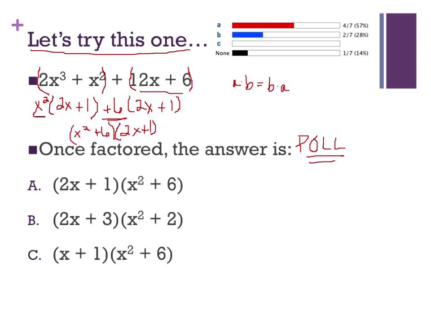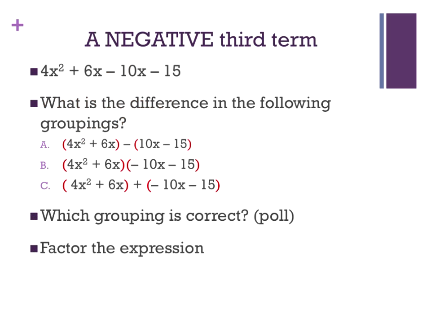In this case, they stand for a whole binomial. X squared plus 6 times 2x plus 1 is the same as 2x plus 1 times x squared plus 6. Okay? Good. So most of you are pretty on page with this.